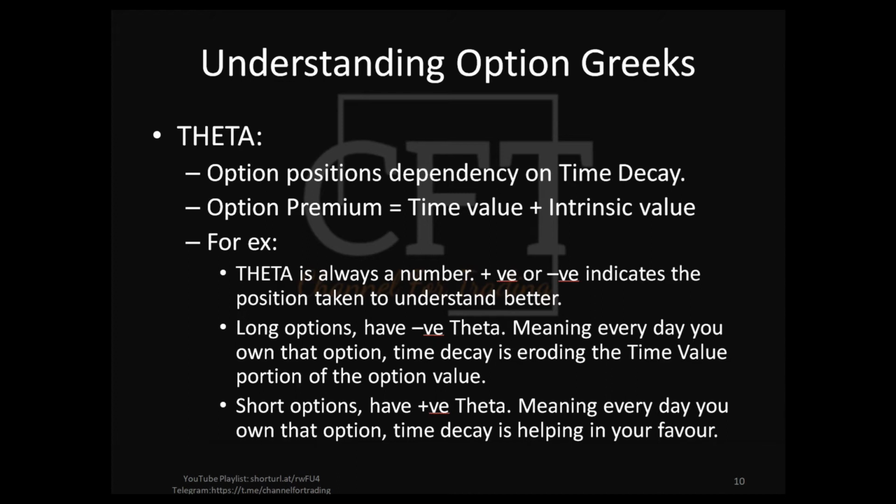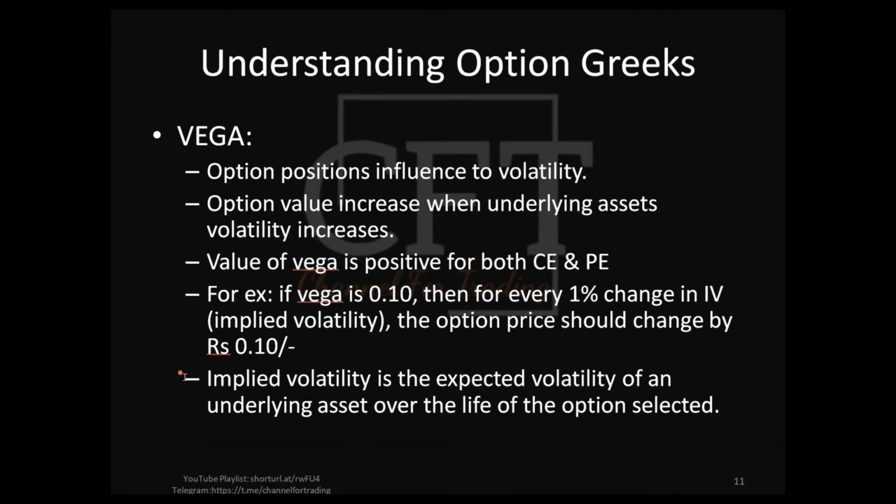Now let's see the last one in the option Greeks, known as Vega. Vega is the option position's influence to volatility. The option value increases when the underlying asset's volatility increases. The value of Vega is positive for both CE and PE.